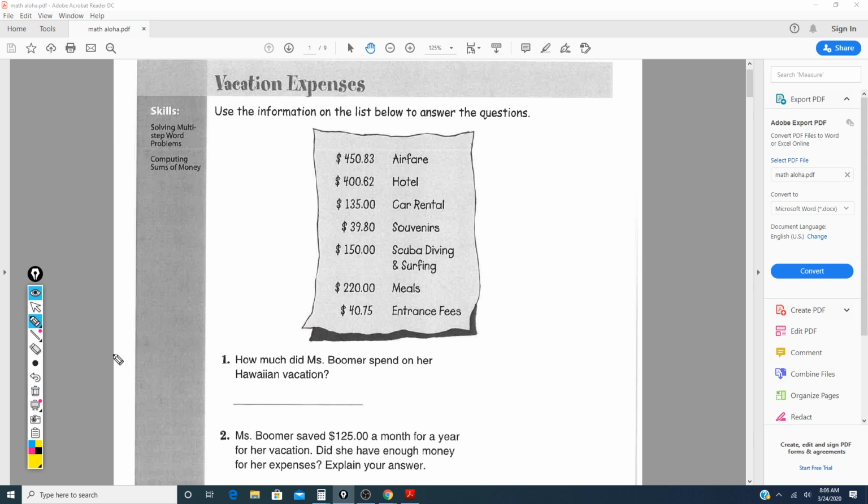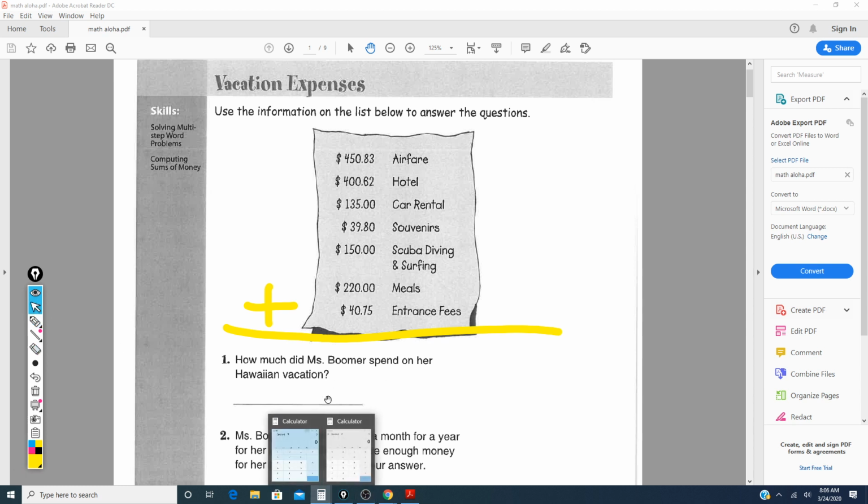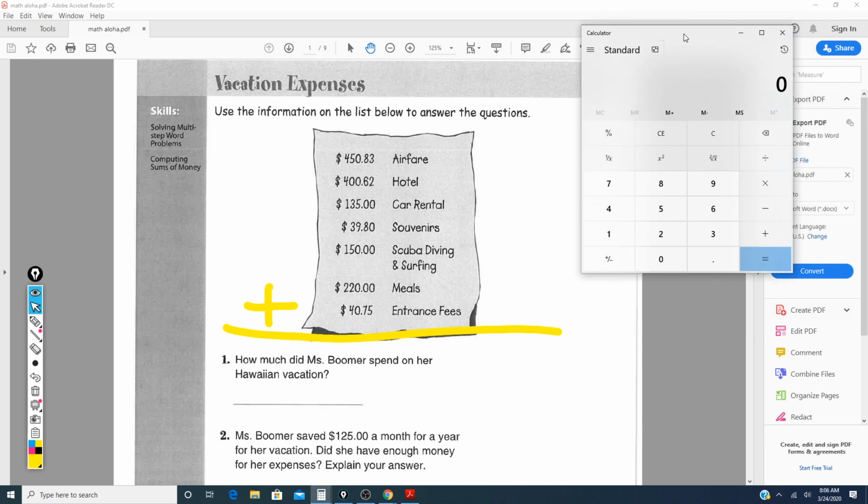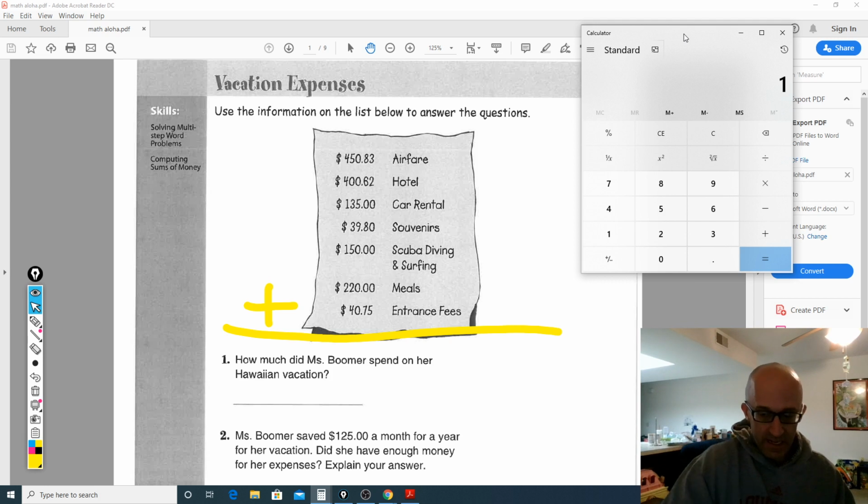Ladies and gentlemen, all this is just one big addition problem. These are all expenses that she is incurring, meaning she's facing in this instance.